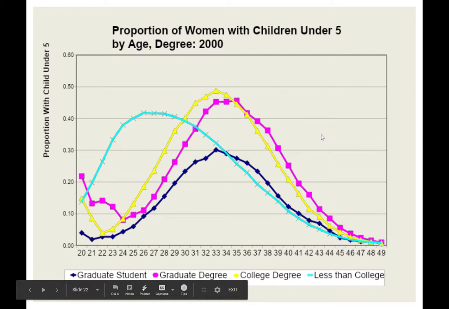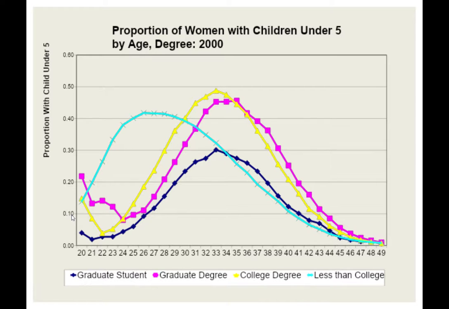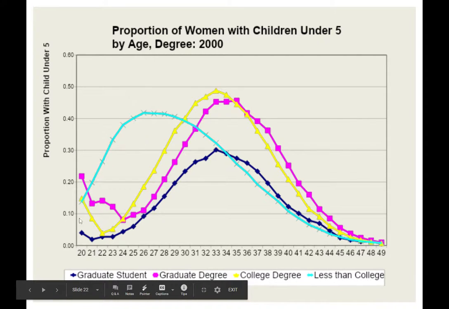Remember, proportions are just percentages that haven't been multiplied by 100. So we have 10% of folks here, 20% here, 30%, 40, 50, 60, and so on. And the colors of the lines and the shapes of their little points down here correspond to their degree.